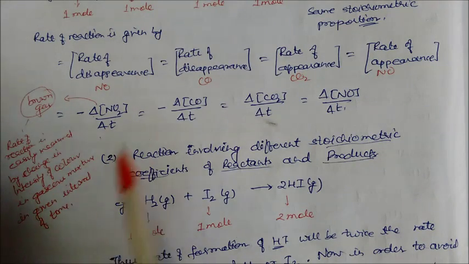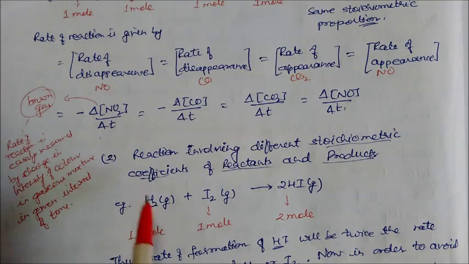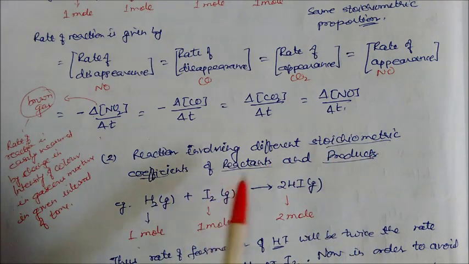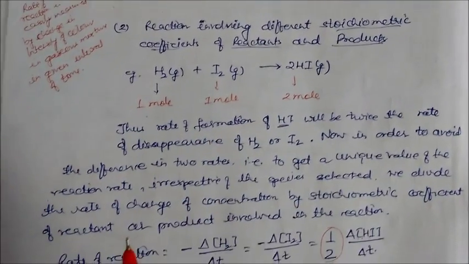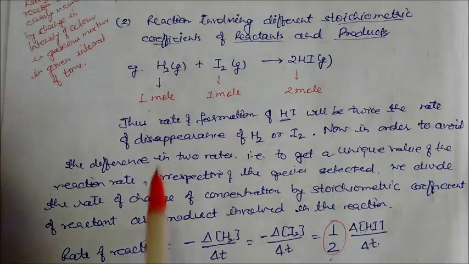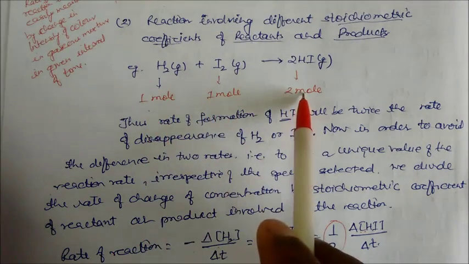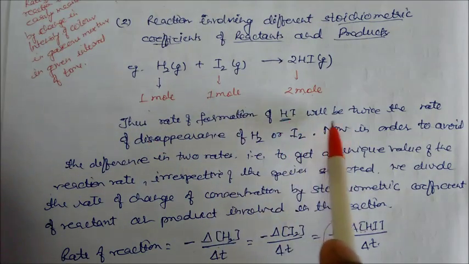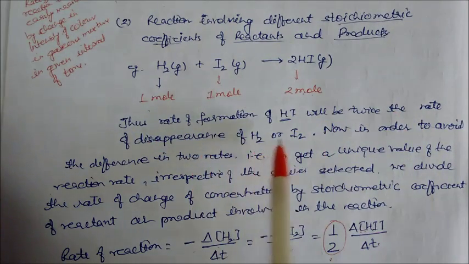There is a second reaction in which we take different stoichiometric coefficients of reactants and products. Let us take one example: H2 plus I2 giving 2HI. Here you can see this is 1 mole, this is 1 mole, but this is 2 moles. In this case, the rate of formation of HI will be twice the rate of disappearance of H2 and I2.